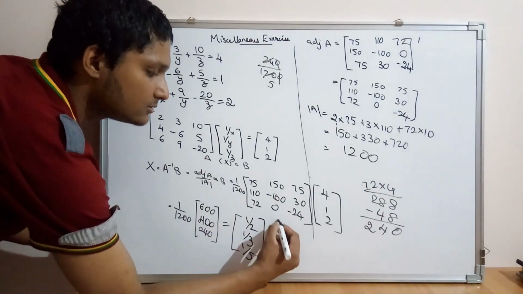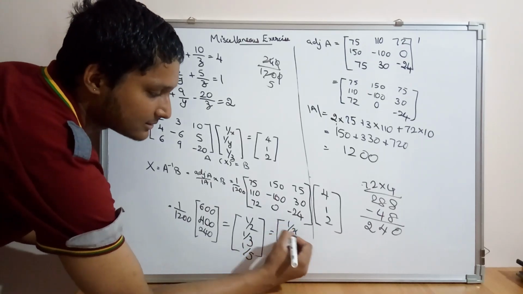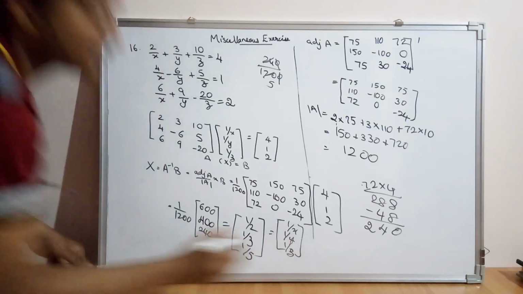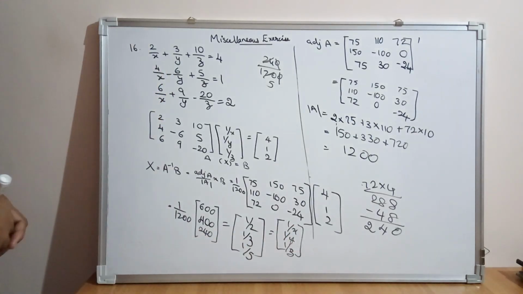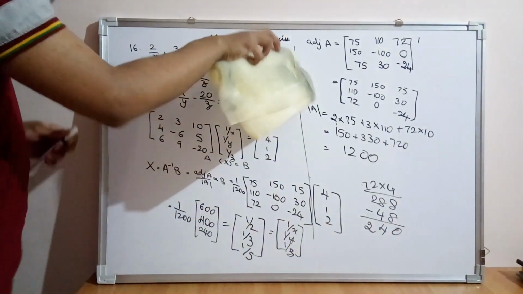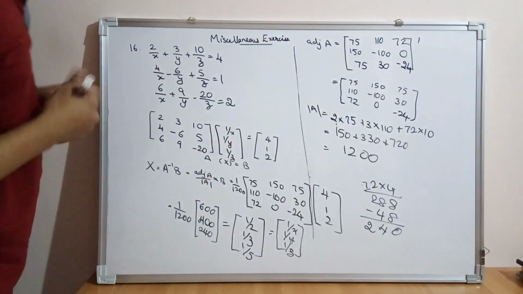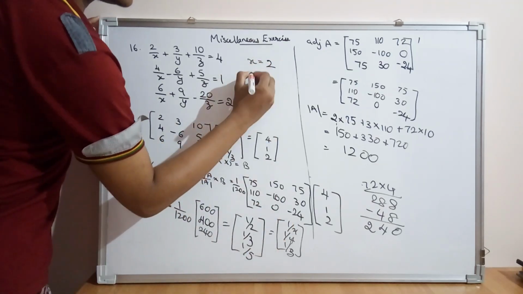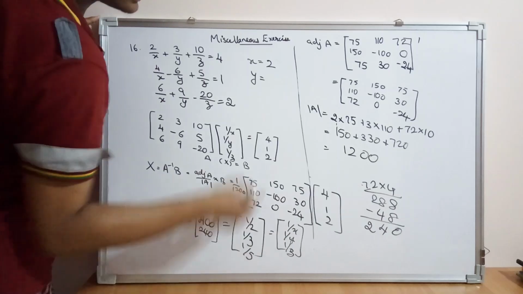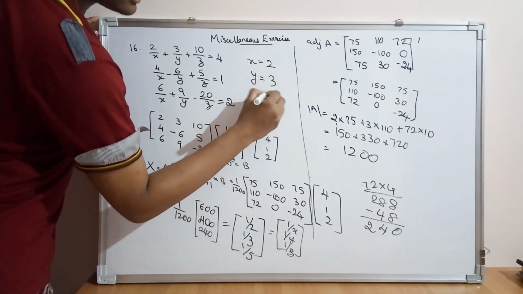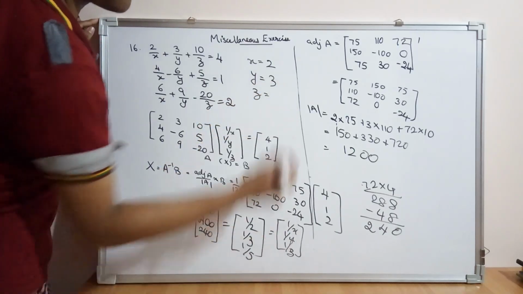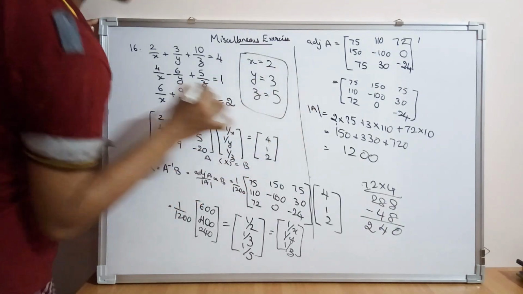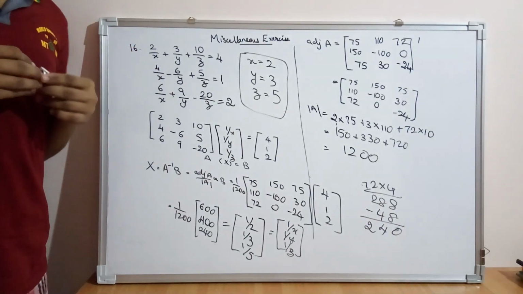This is equal to the matrix 1 by x, 1 by y, 1 by z. So whatever is there in the denominator is going to be the answer. The answer is x is equal to 2, y is equal to 3, and z is equal to 5. That's all about the 16th question.